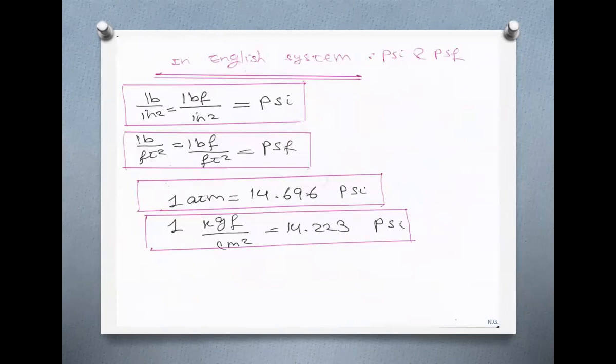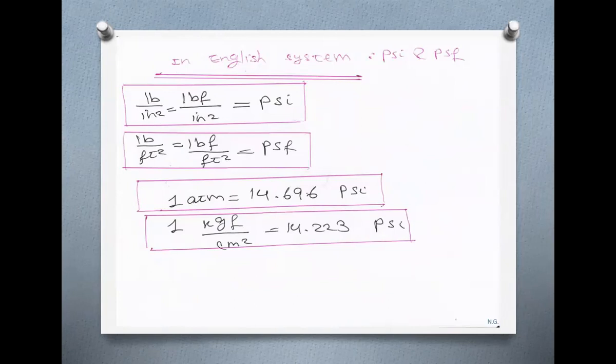We also want to talk about psi and psf, which are units for pressure in the English system as well as the British system, because in both, the unit for force is pound force, which we casually say pound, and the unit for length is feet. So the area would be a square feet or a square inch, right?